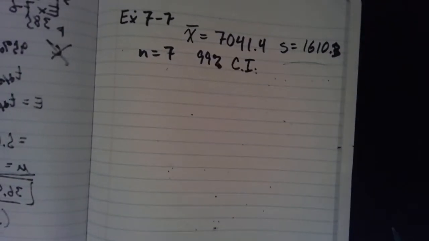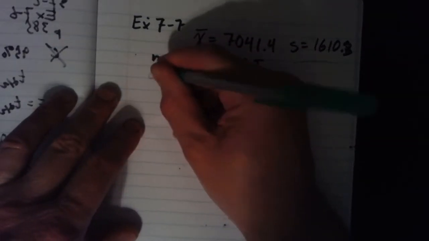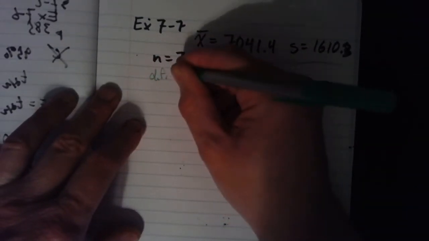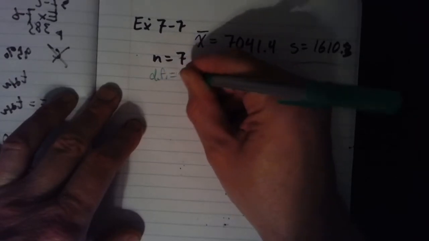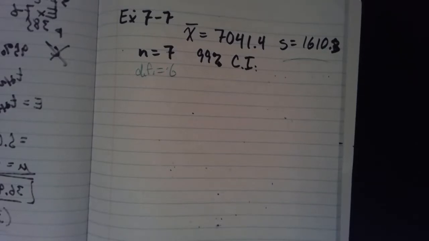We have only 7 values, and yet we want the 99% confidence interval. So let's go ahead and find the critical t value. The degrees of freedom are n minus 1, so n is 7, so degrees of freedom are 6. And we'll be right back with that critical t value.